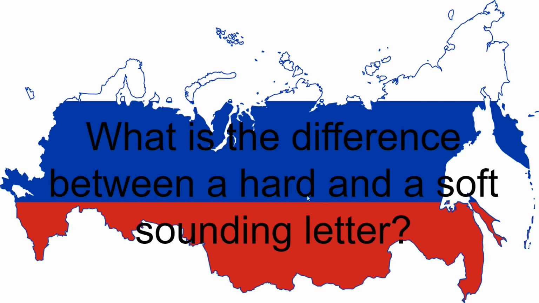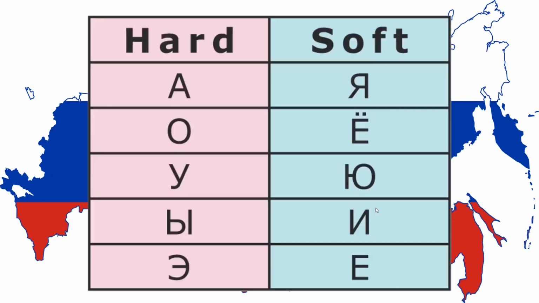Moving on, what's the difference between hard and soft sounding letters? So here's a table of the difference between hard and soft letters. When I say these 2 letters at the very top, the first one's hard. So for example, in the word apteka, which means pharmacy, the a is the hard sound.